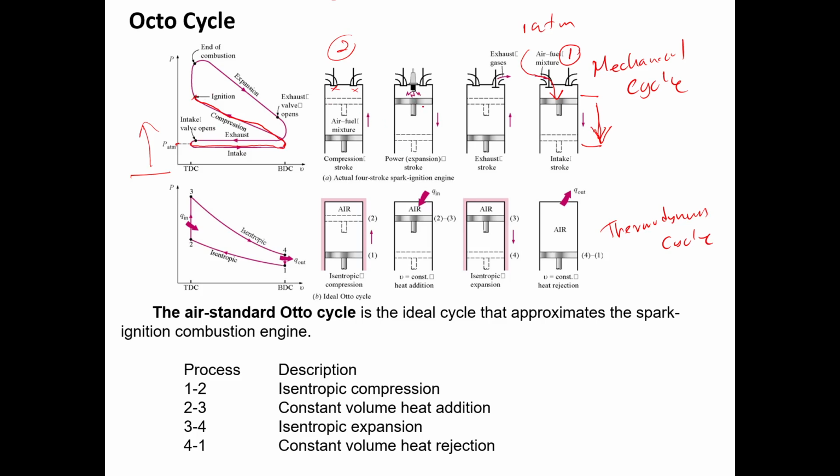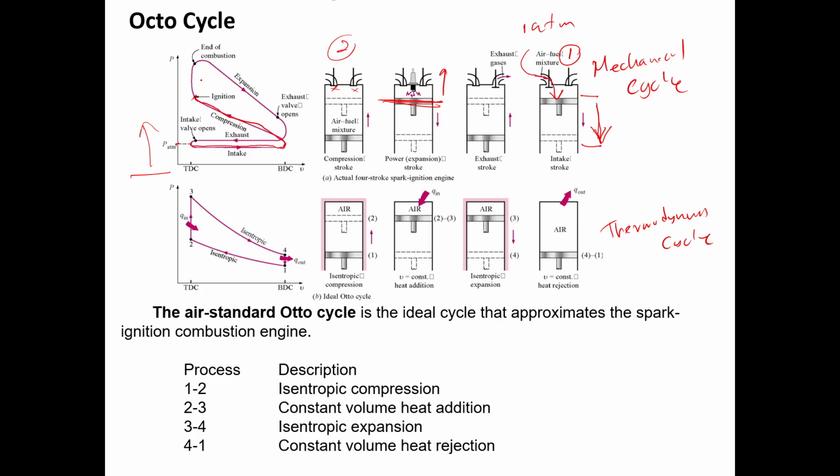After compression, what do we do? We ignite the fuel mixture using a spark plug, right? At that point your piston is still at top dead center, and you are igniting the fuel. Then it catches fire quickly and your pressure increases suddenly.